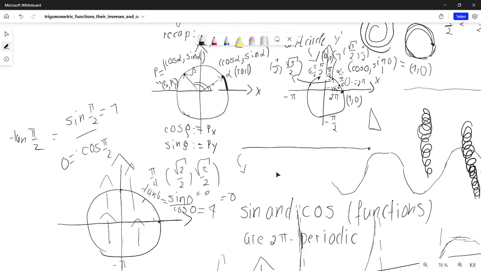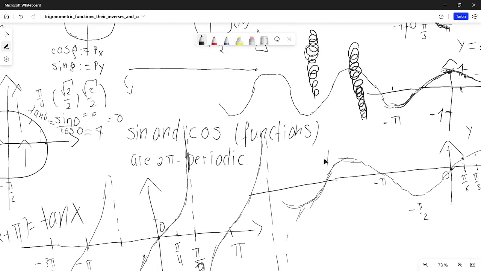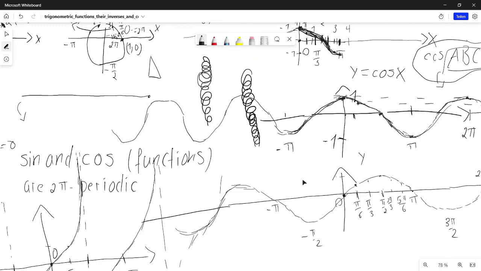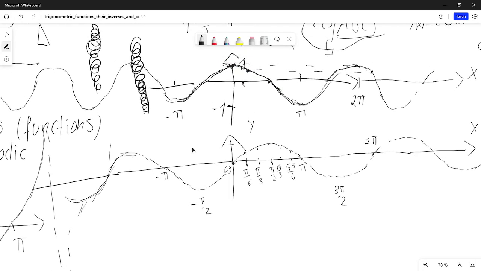And especially of inverse trigonometric functions. I won't talk about it. Okay, so let's consider inverse trigonometric functions.